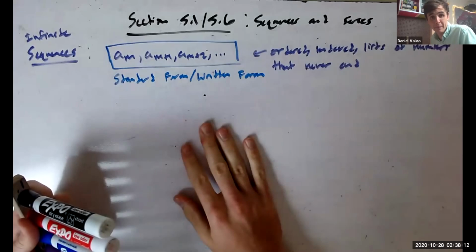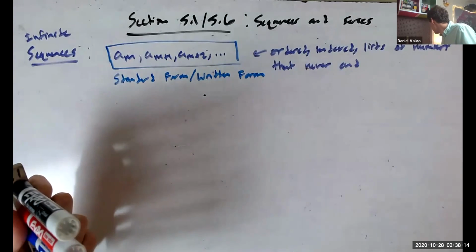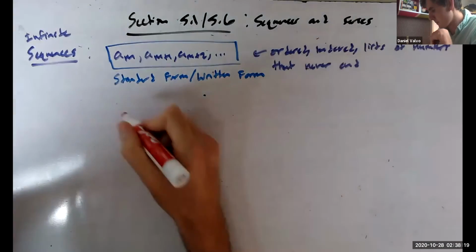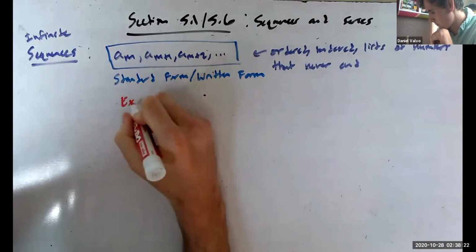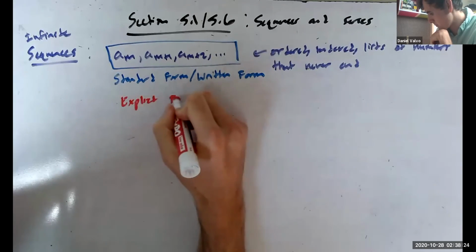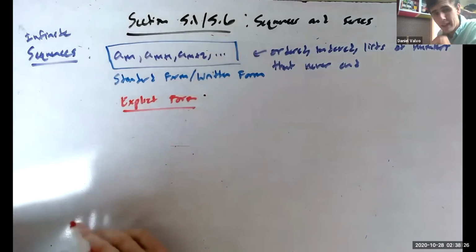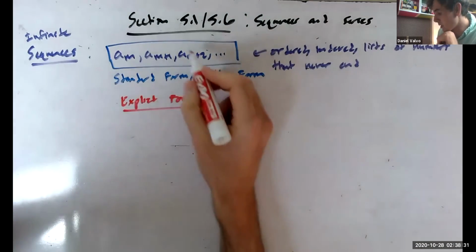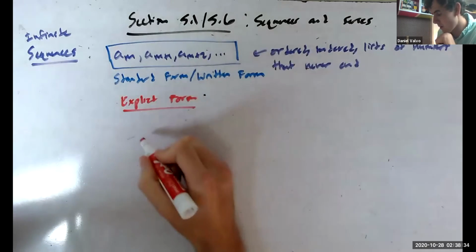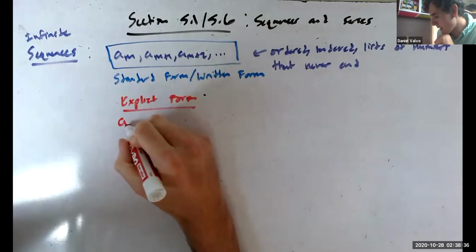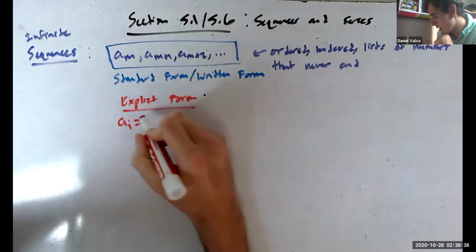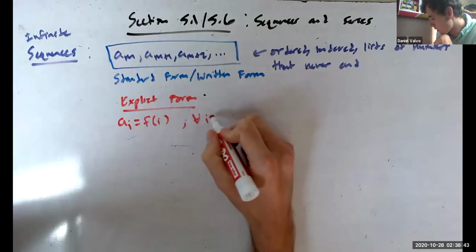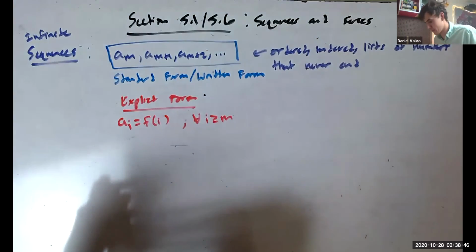There's that, but there's also the explicit form. This is a very nice way to write out sequences. Another way to write this same sequence would be to write a_i equals f of i for all i greater than or equal to m.